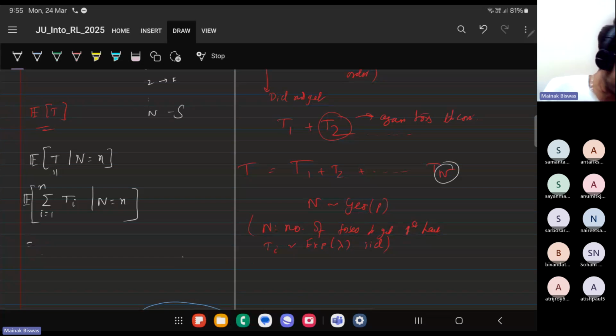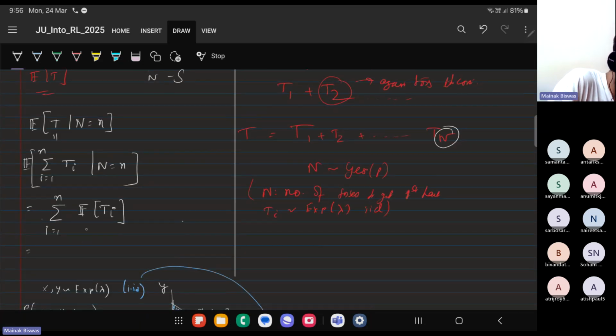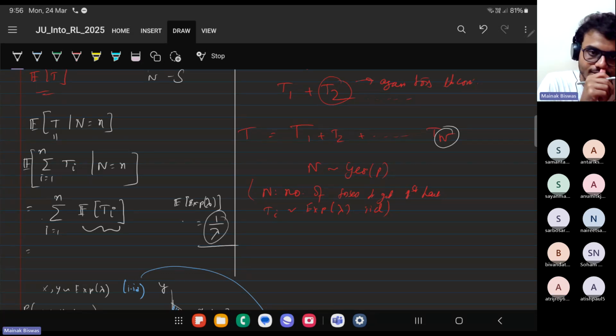Now I could write this, by linearity of expectation, as the sum over i equal to 1 to n of the expected value of Ti. The expected value of an exponential lambda, we did it last time, is 1 by lambda. The larger the parameter, the faster it arrives.